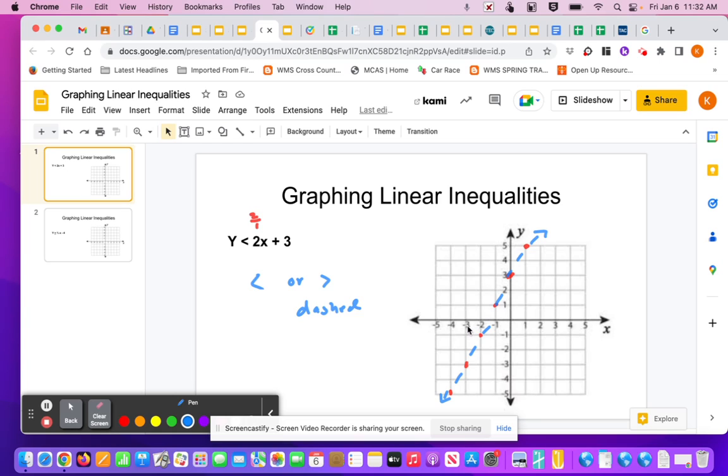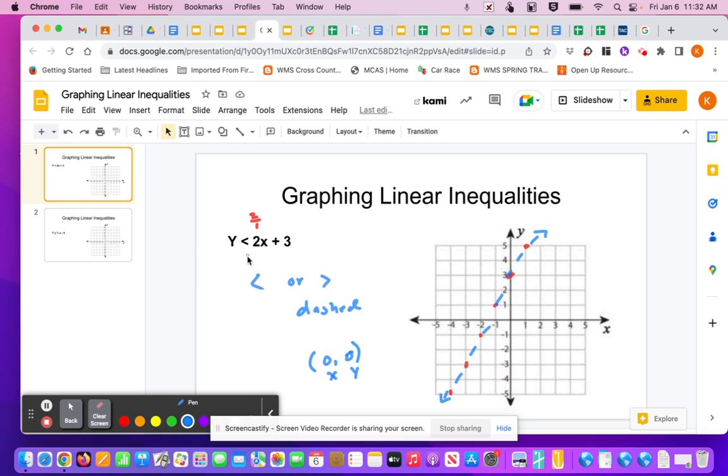But now we have to test a point to see if there are other solutions that will work for this. So I like to always test the origin. That's what I like to do. I start at the origin, and I know the coordinates of the origin are 0, comma 0. So what I do is I plug in 0 for x and 0 for y into this statement to see if it's true.